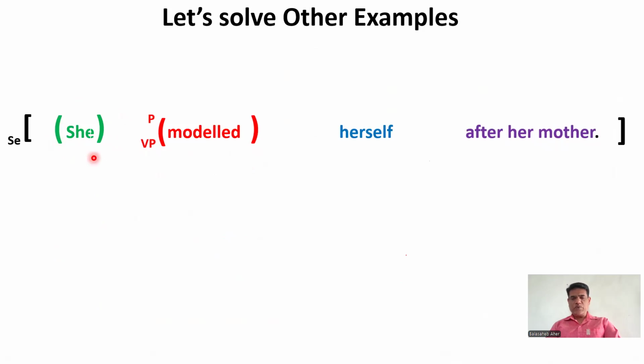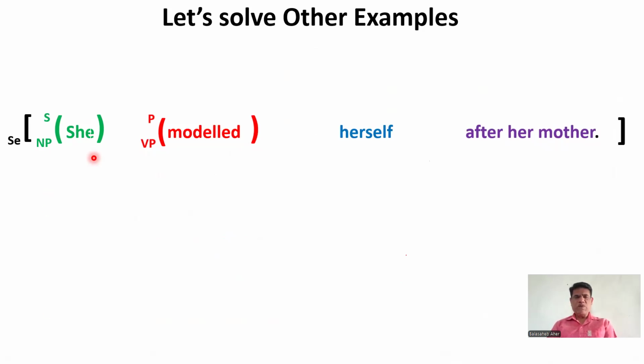Now "she" is a pronoun, and a pronoun can be the head of a noun phrase. So this is a noun phrase. Let us give the form and function label. First of all, the form label. This is NP. And at the end, we can see that there is a full stop. It means that this is a declarative sentence, a statement, and so it has to start with the subject. So this noun phrase is a subject.